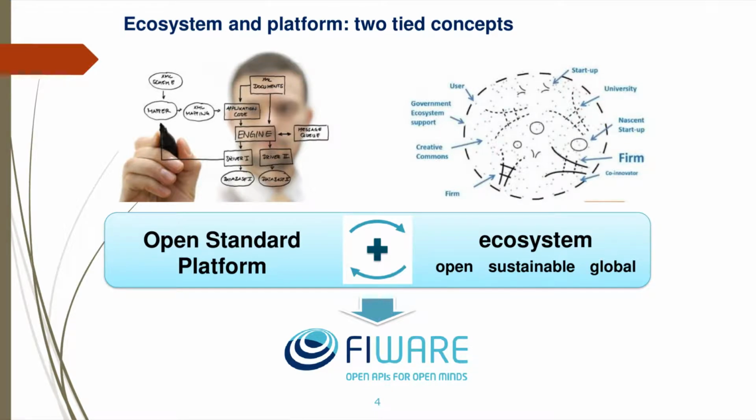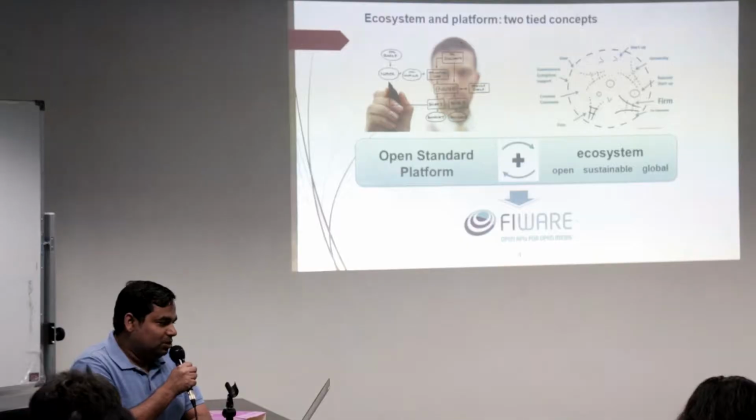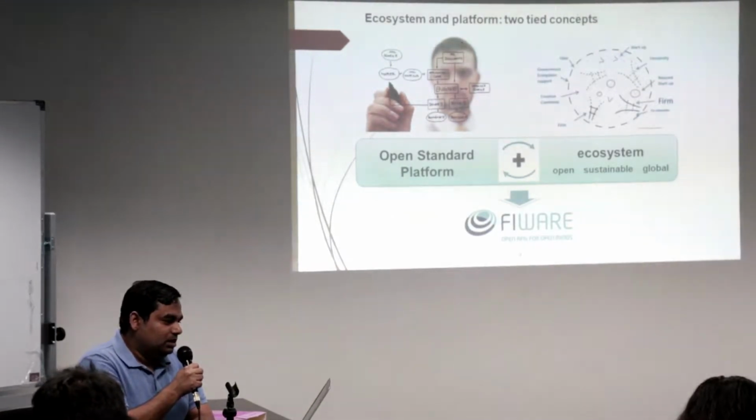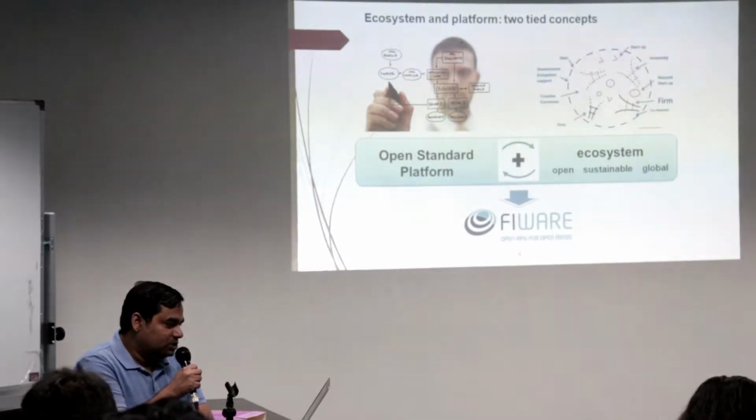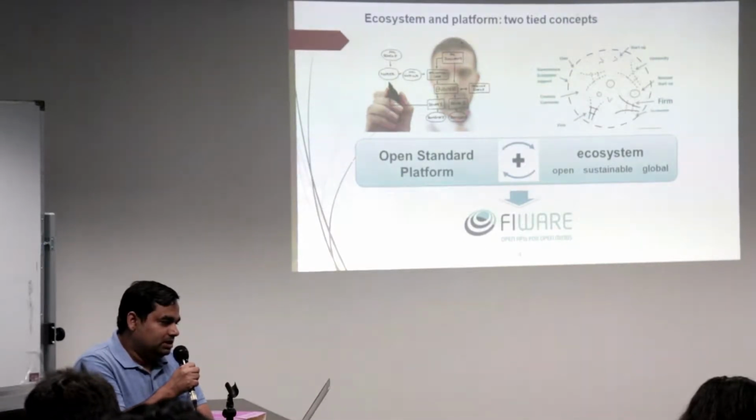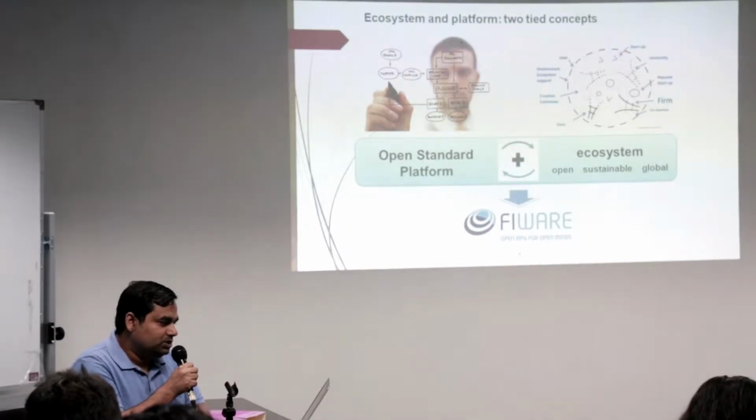FIWARE is a middleware platform promoted by the European Union for the development and global deployment of internet applications for the future. FIWARE tries to be a completely open, public, and free architecture, as well as set up applications that allow developers, service providers, companies, and other organizations to develop products that meet their needs.